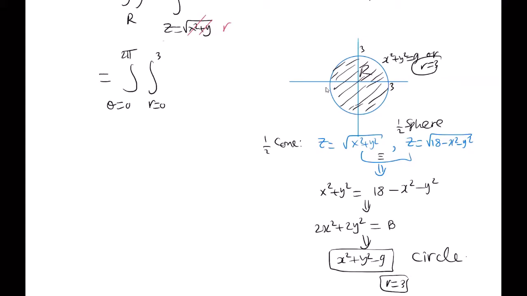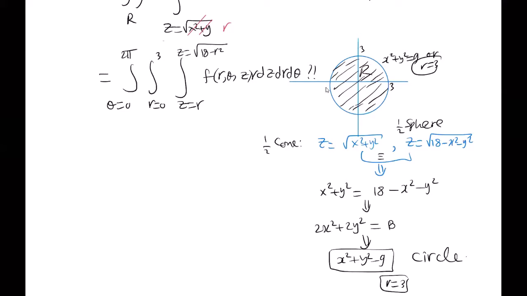And the inner integral is from z equals r up to z equals root 18 minus r squared, of the same function f(r, theta, z), dz r dr d theta. This is what we are asked to find: to write the integral in polar or cylindrical coordinates.